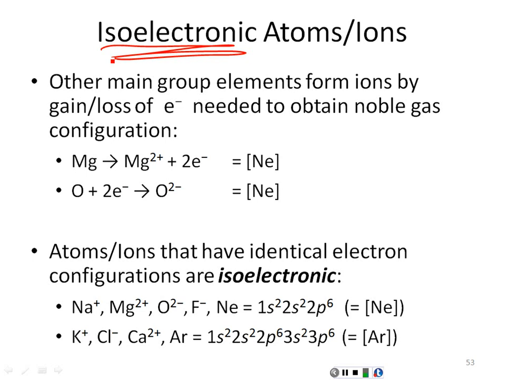And here we see magnesium losing 2 electrons, and oxygen gaining 2 electrons, and they both become like neon, the same electron configuration as neon. And here's a list of several different elements that can be isoelectronic.